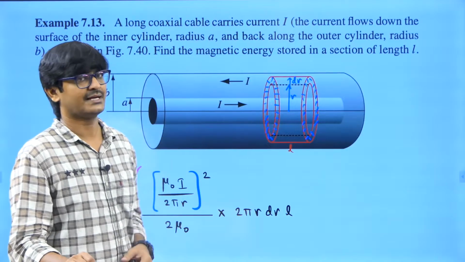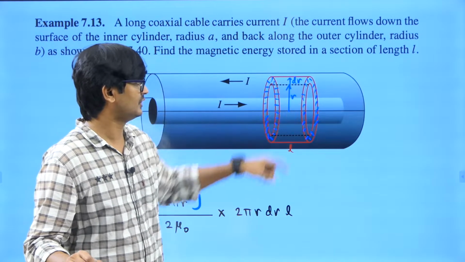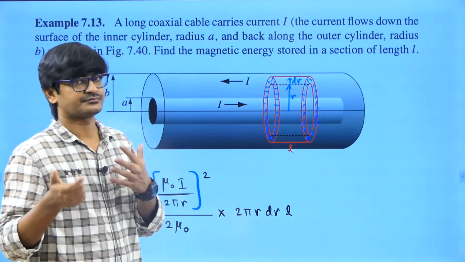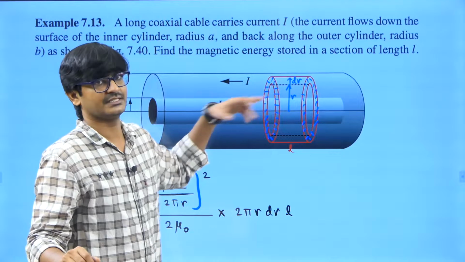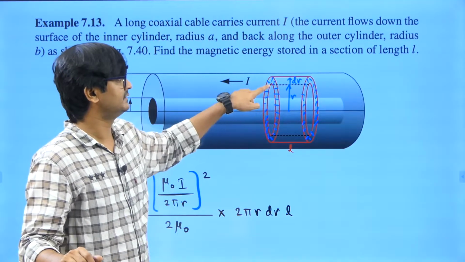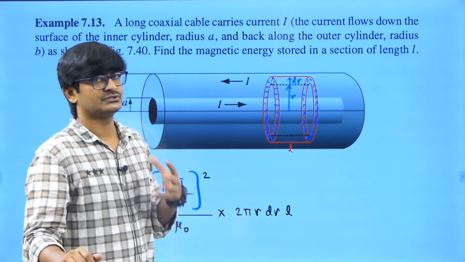Now if I want to find the magnetic energy for a length L, through this volume from here to here, I need to take some element where the magnetic field is almost uniform. So I take that cylindrical element here, and I need to find the energy stored in that element.